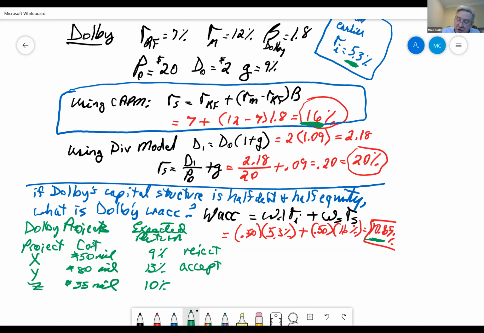We require 10.65. What would our decision be? No. Reject. We'd reject it. Z is not quite good enough. So we would only accept project Y.